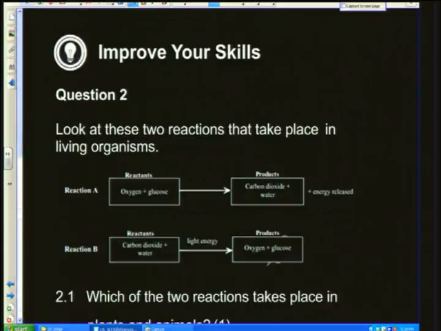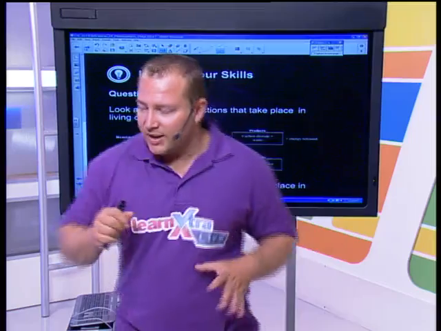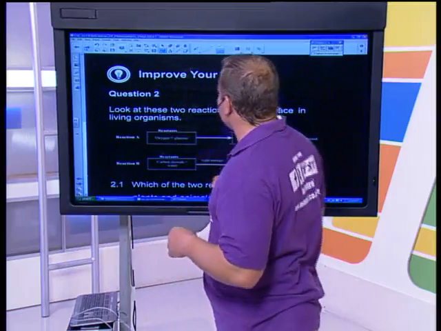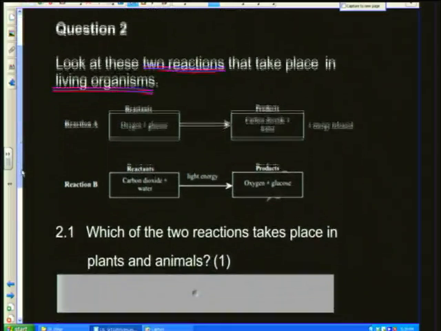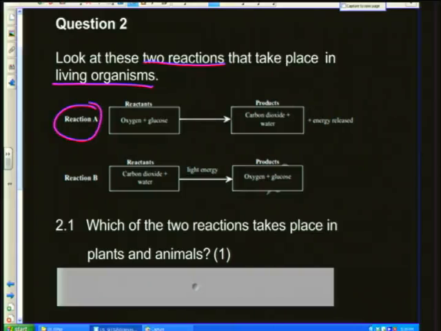So improve your skills. Let's have a look at this. Next question: look at the two reactions that take place in living organisms. In reaction A, we're taking oxygen and glucose, and we're making carbon dioxide and water. You with me?